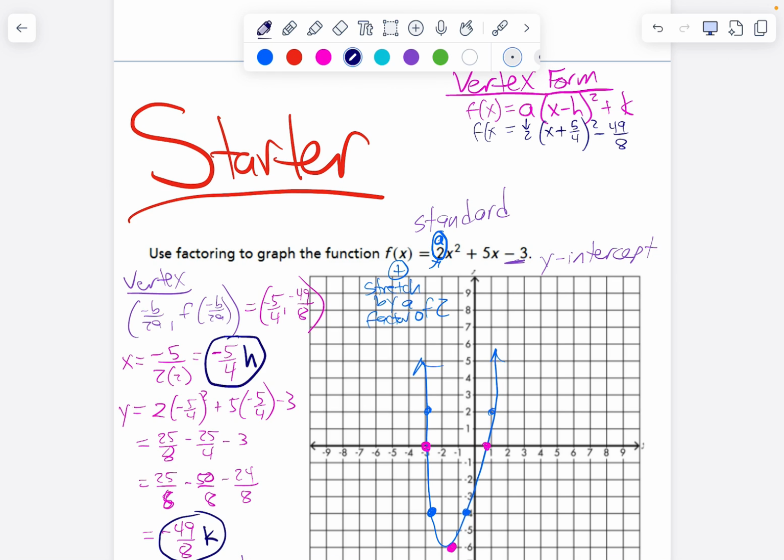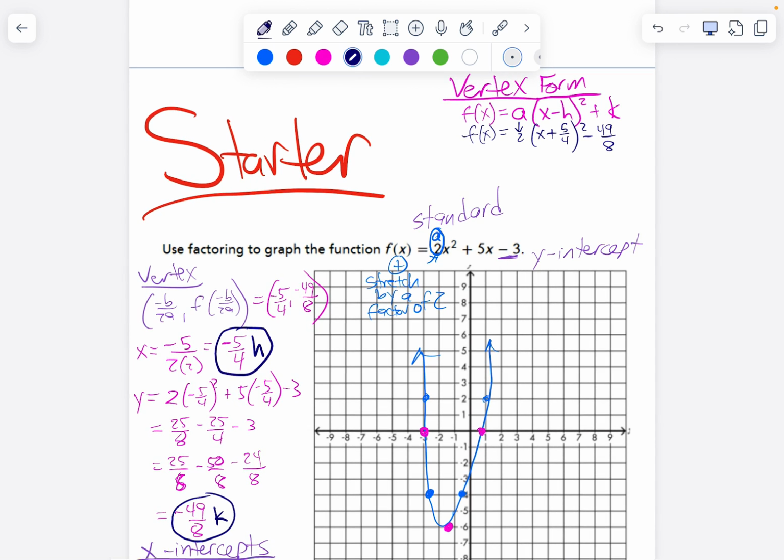Okay, there's vertex form. So we didn't have to do much converting. We already had all the pieces. We just plugged them in. Nice, right? If you're lost right now, you're in trouble. You need to come get help, okay? Everything we've done so far is review. So come ask for help today, please.